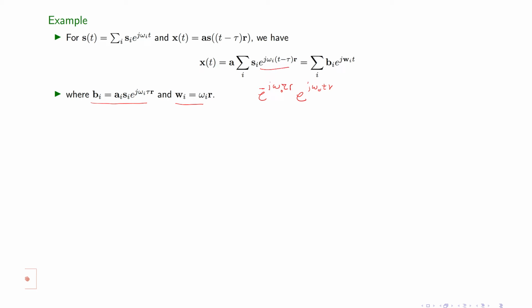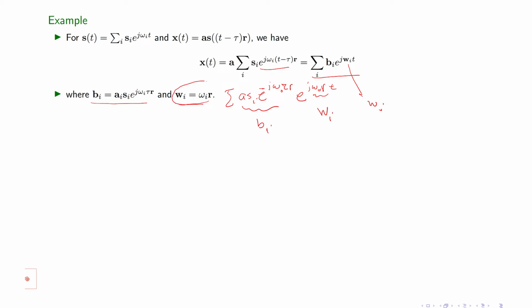So you write this one as this one, multiplied by ASI, and then you have a sum. So this is your BI, and you write the order here, R and then T, and this will become WI. So here at the receiver, you have the set of frequencies WI instead of omega I.